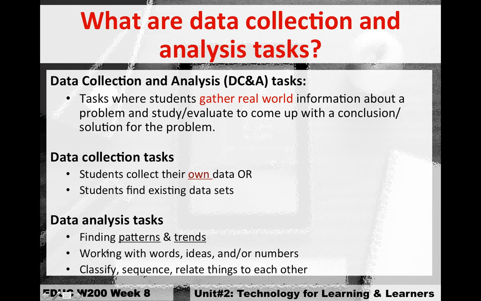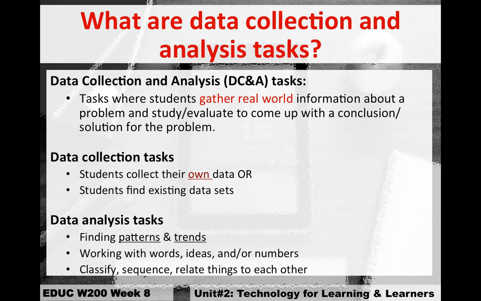Data analysis tasks are really about students being able to find patterns and trends. This is critically important because you want them to come up with solutions or ideas on their own, as opposed to just digesting what other people have said. This can be working with words, ideas, and numbers. A lot of people think that data analysis just means numbers, but it can also be about what most people think about President Obama.